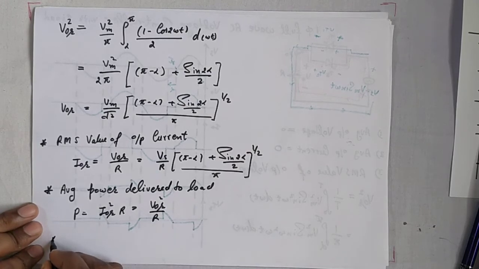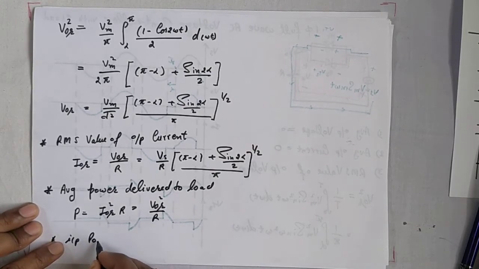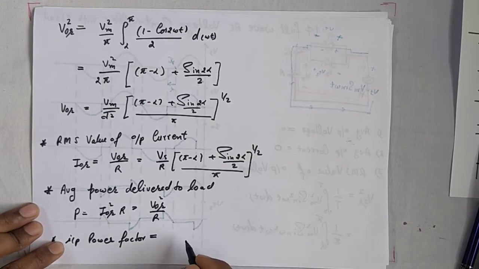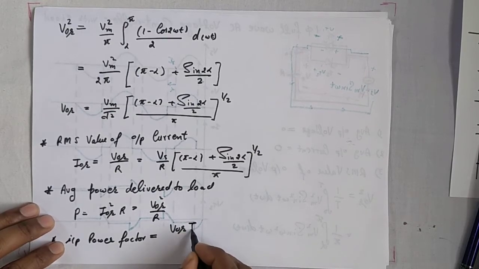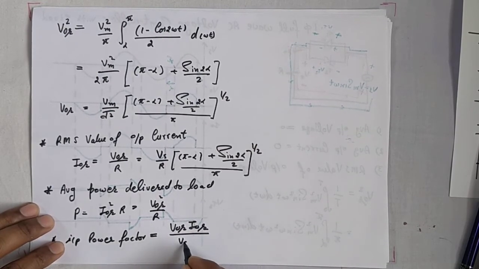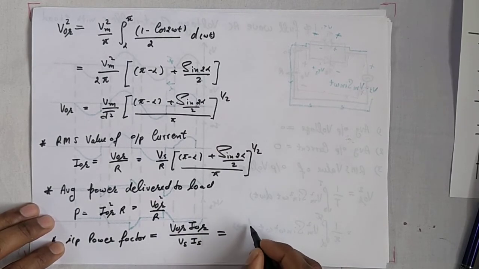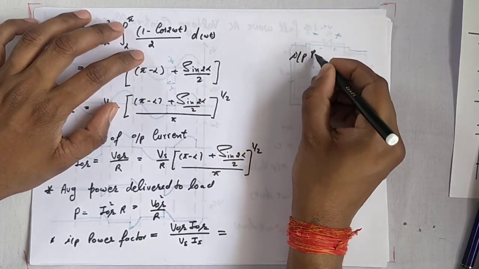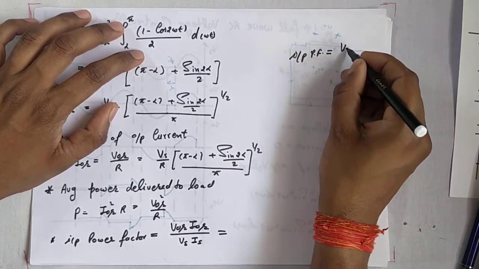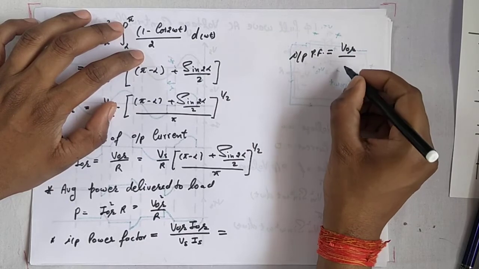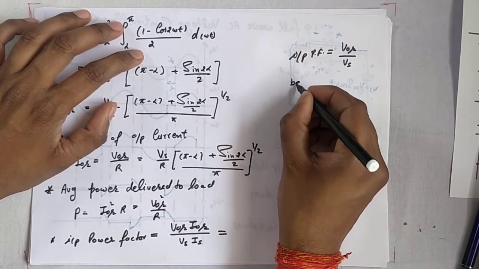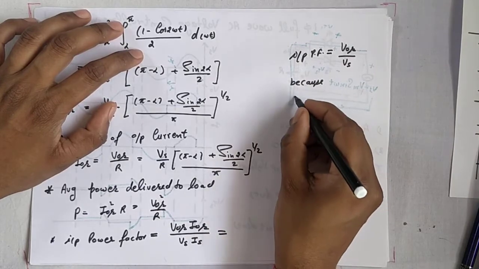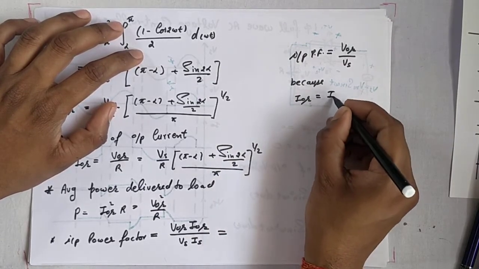Power factor, input power factor equal to total power delivered to load divided by input VA. This will be equal to VOR divided by VS, because IOR equals IS.